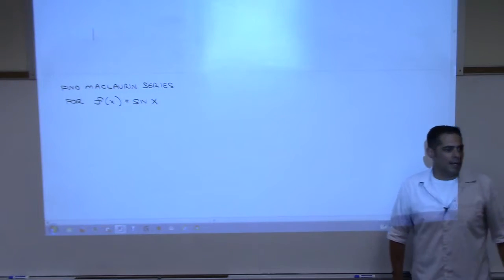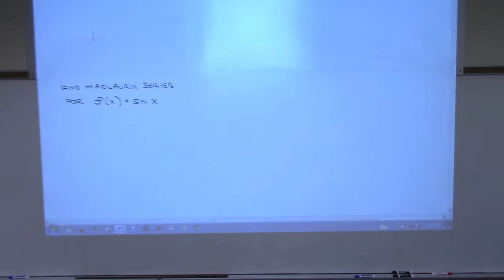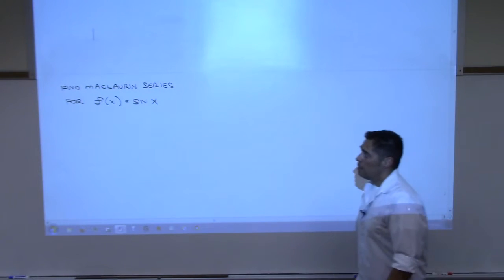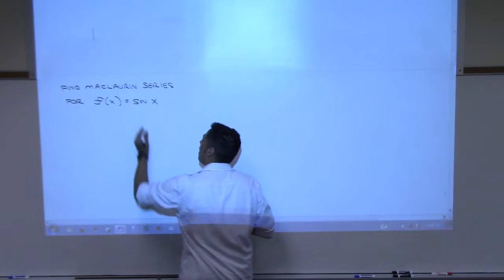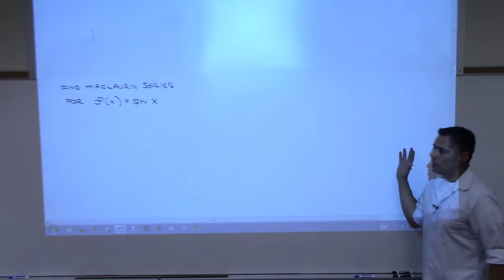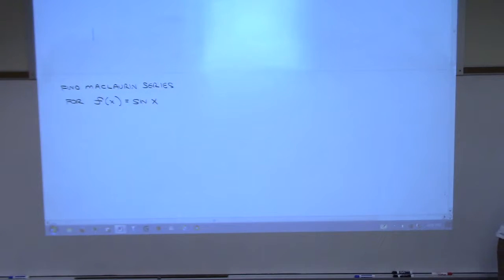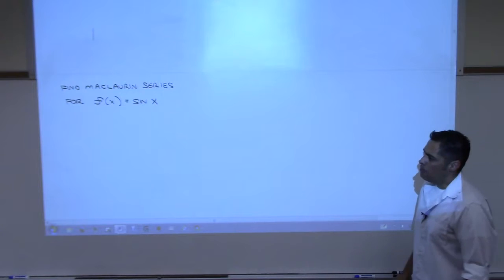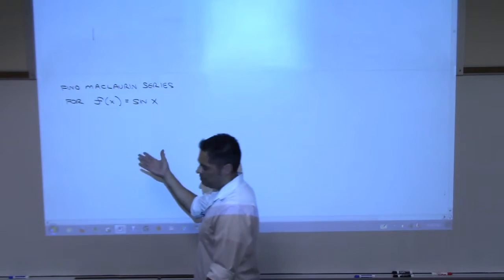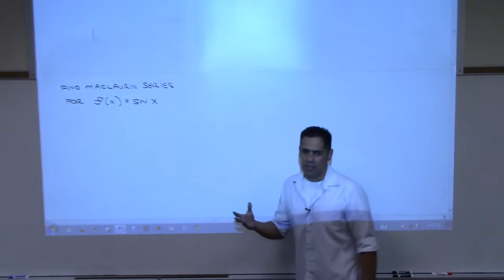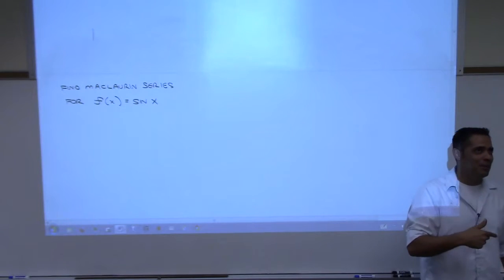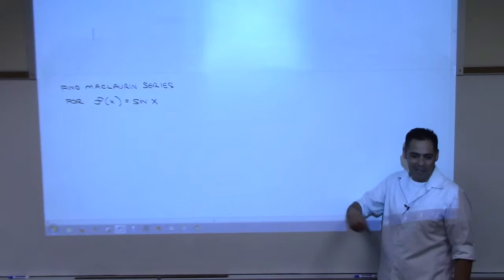So what I'm claiming here is that the function sine x from pre-cal can be written as a power series, as an infinite polynomial. And I want us to find what it is. Well, can you differentiate that function? Yes, and to do the Maclaurin series, I need to be able to take derivatives repeatedly.